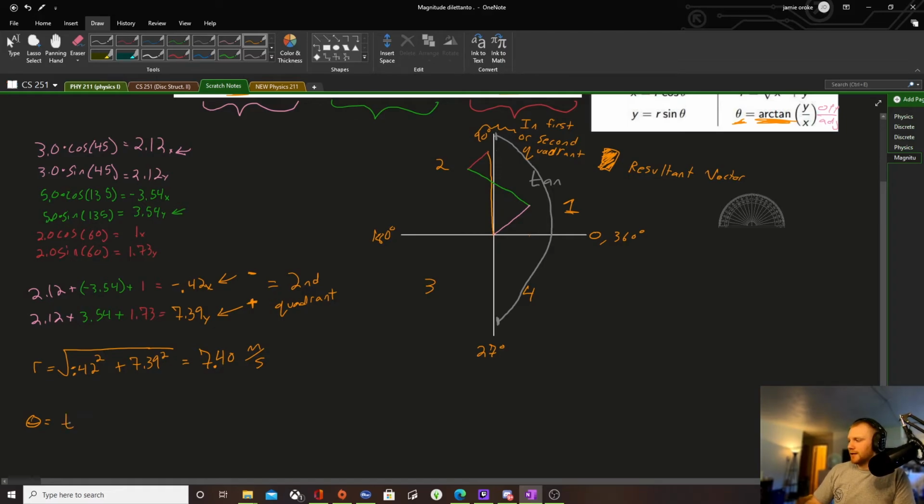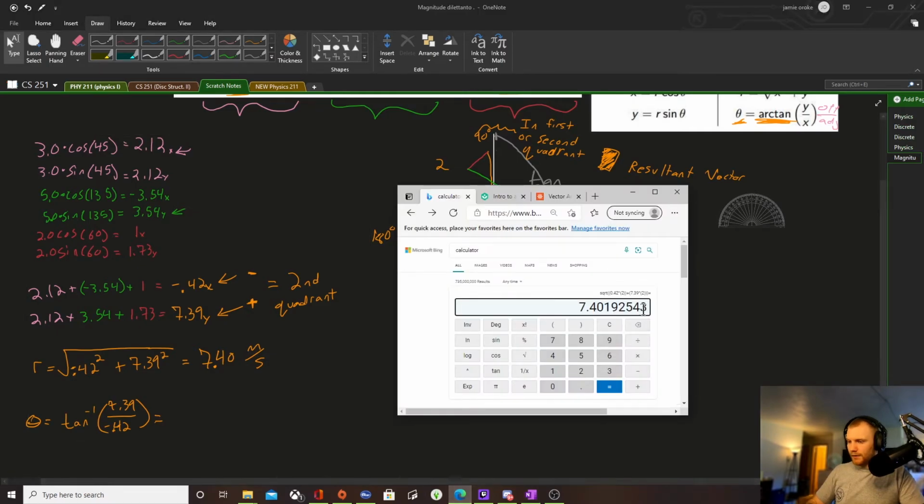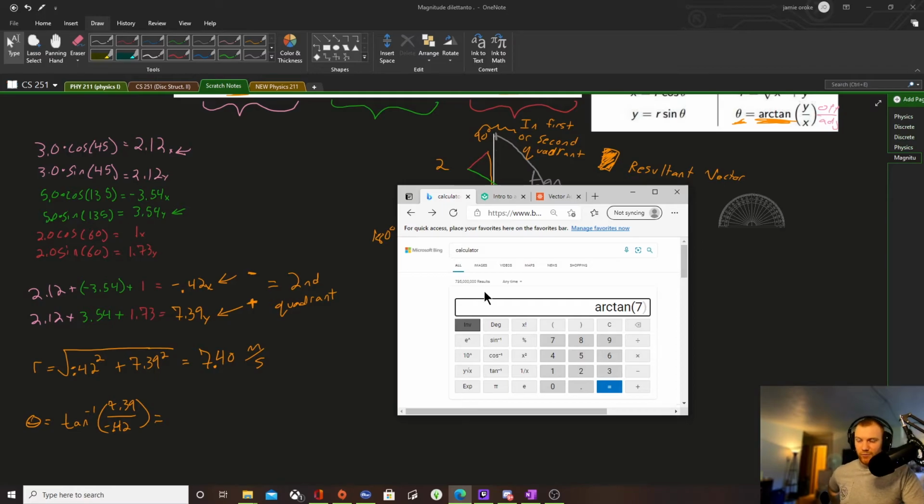So we're going to say arctan of opposite over adjacent. So arctan of 7.39 over negative 0.42. Go ahead and punch that in the calculator and we'll see what we get. So arctan of, and you can just push the inverse button and it'll change your trigonometry equations to the arc versions of them, at least for this Microsoft Bing calculator.